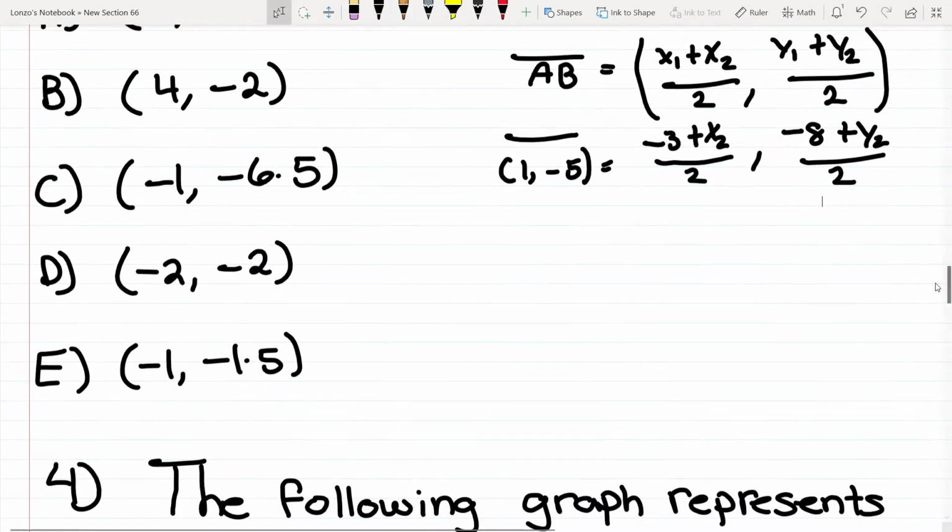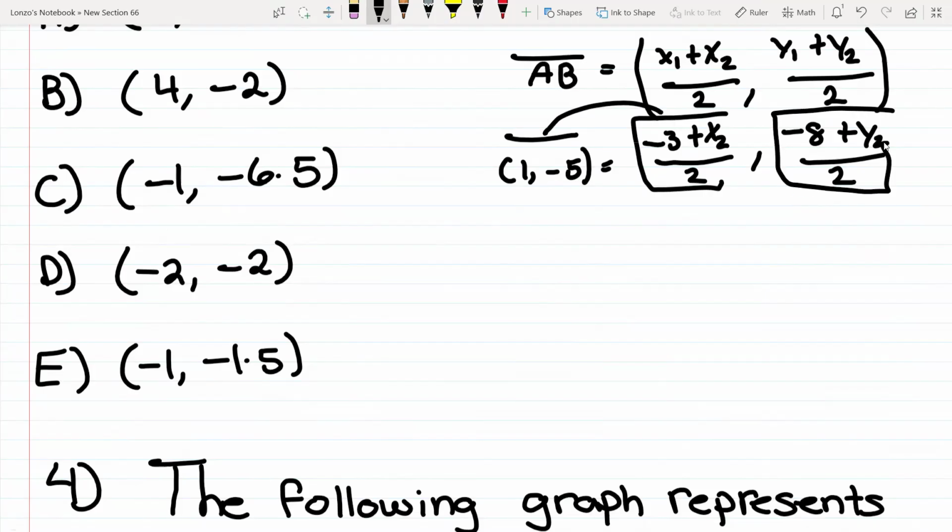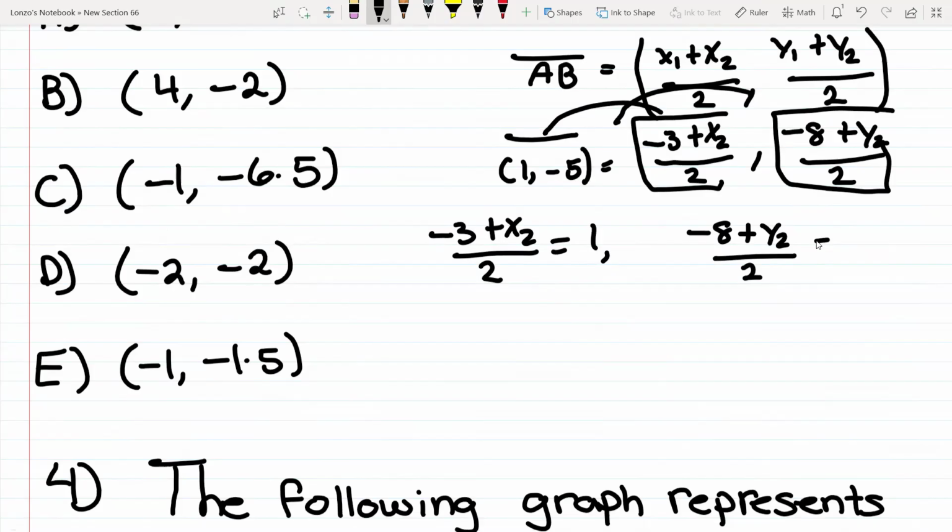Okay, so let's see. This here is related to the x coordinate, and this here is related to the y coordinate, -5. So we could say (-3 plus x2) over 2 equals positive 1, and the other one is (-8 plus y2) over 2 equals -5.